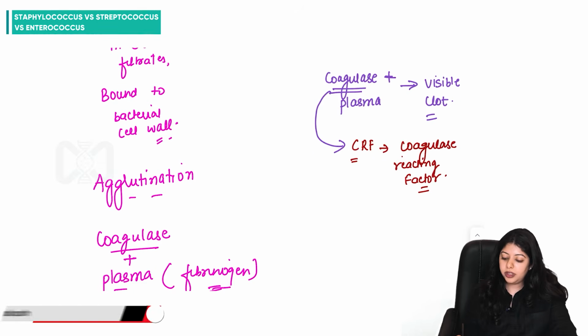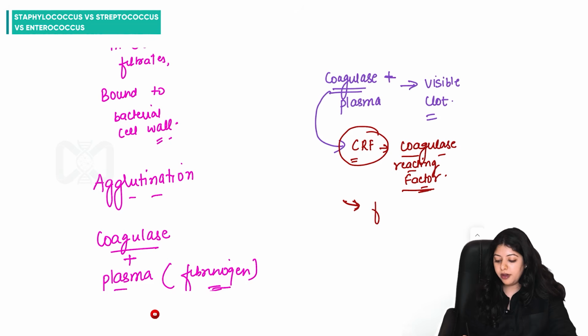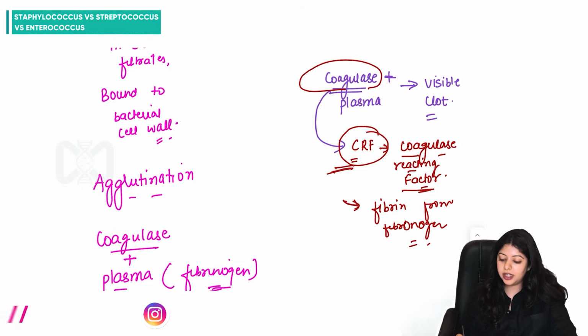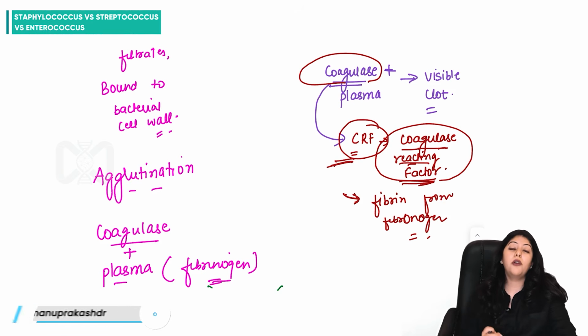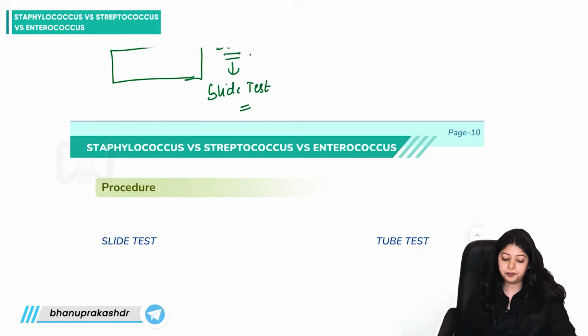This coagulase reacting factor, a serum substance, finally leads to the formation of fibrin from fibrinogen. So it is the coagulase reacting with the coagulase reacting factor present in the serum that leads to the formation of a visible clot inside the test tube, right? So it is present in culture filtrates.